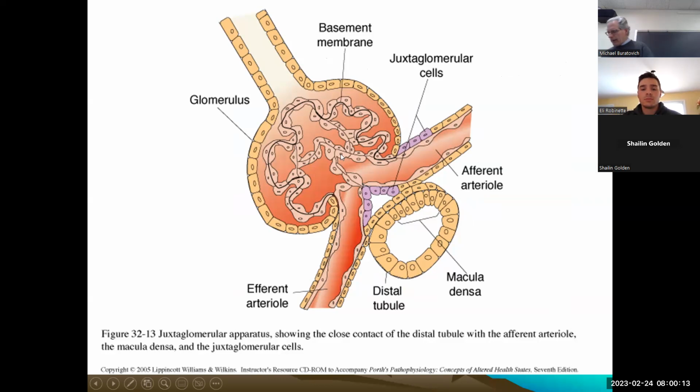So we are talking about hypertension and how to treat hypertension. And we're looking at the targets of antihypertensive treatment, which will be the heart, blood vessels, and the kidney.